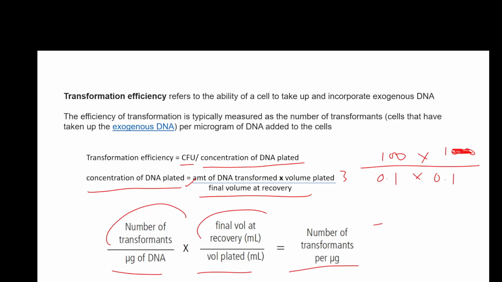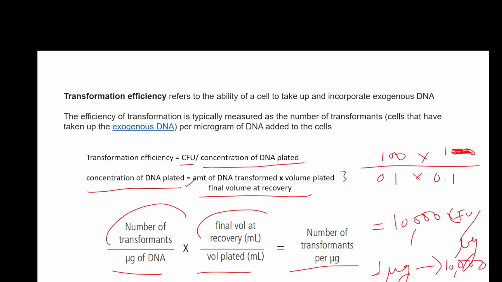If we calculate this, it will come as 10,000 CFU per microgram. That means if you are transforming 1 microgram of DNA, you will be getting 10,000 colonies. That is the simple meaning.